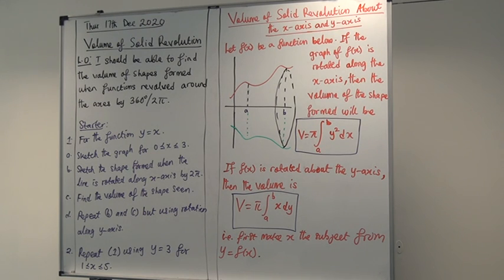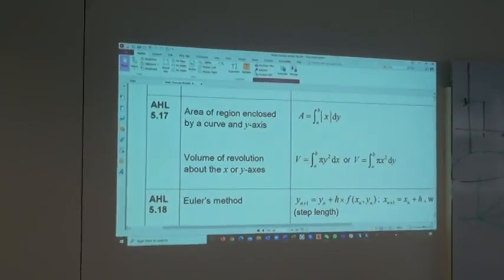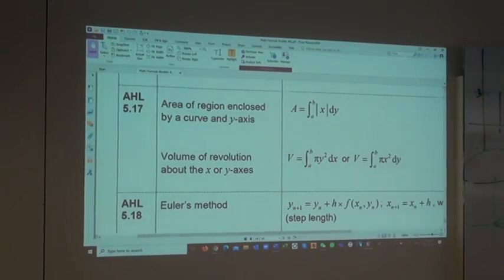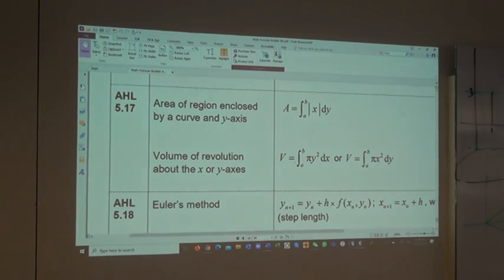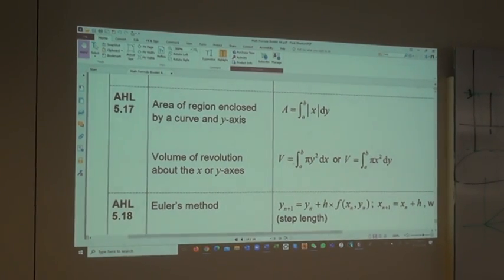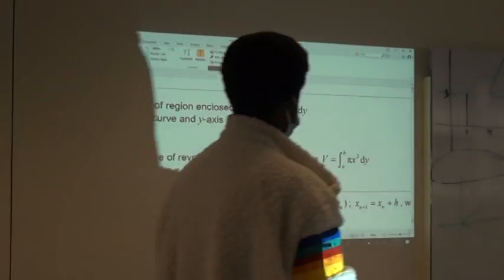Look at the board, everyone. Your formula booklet, 5.17, you have it. No need to memorize. Oh, I said y dx instead of x squared dy. Am I getting old? Maybe. So please, it's x squared dy, not x dy. Okay. So no need to memorize.